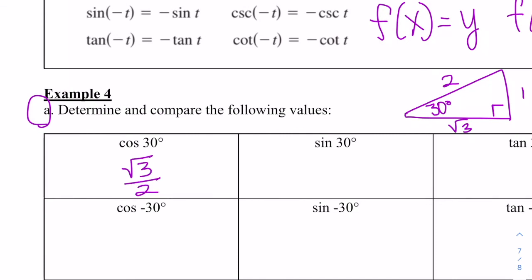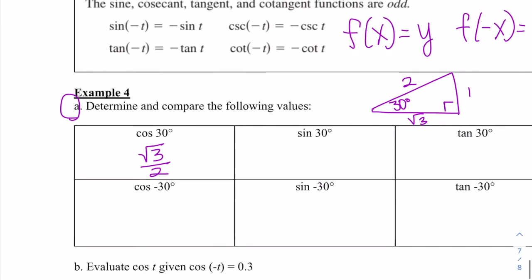But if we go and make a cosine of -30, that's going to be in the fourth quadrant. So cosine is the only one that will stay positive. When we look at sine, the sine of 30 is 1/2, but in the fourth quadrant, sine of -30 becomes -1/2.